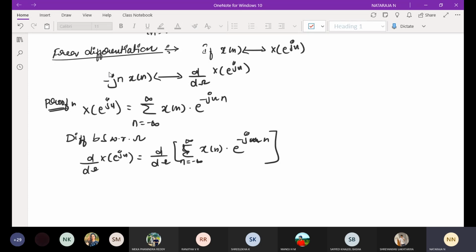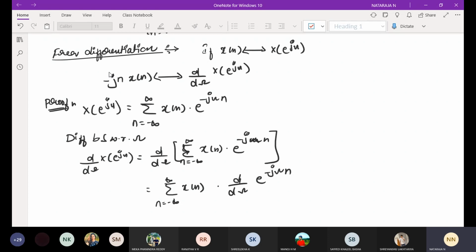Now I am going to solve the right side. We already have d by d omega of X of e power j omega, and we need to find minus j n into x of n. So I will interchange the order of summation and differentiation on the right side: summation n equals minus infinity to infinity x of n into d by d omega of e power minus j omega n.